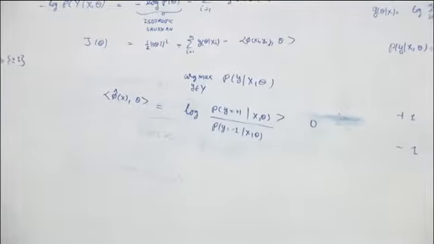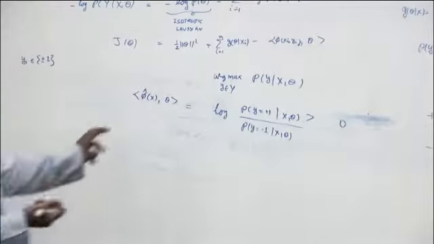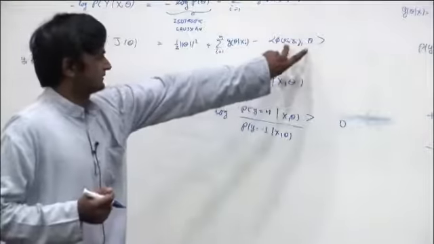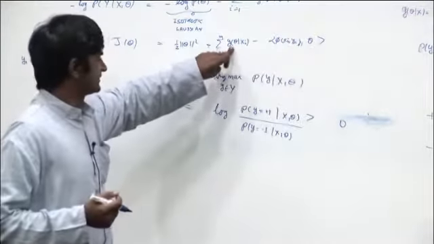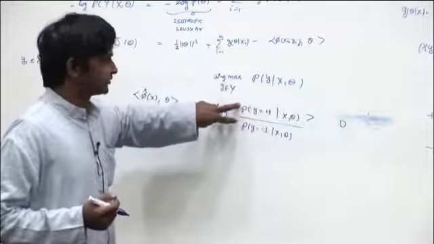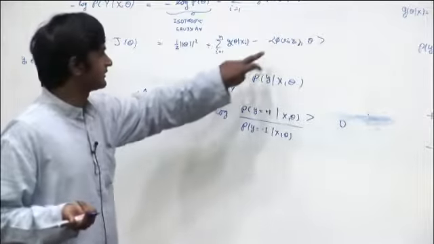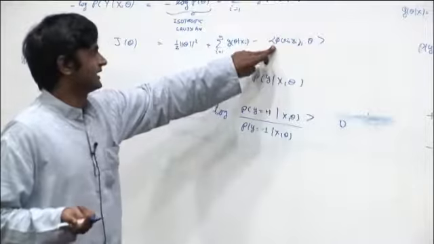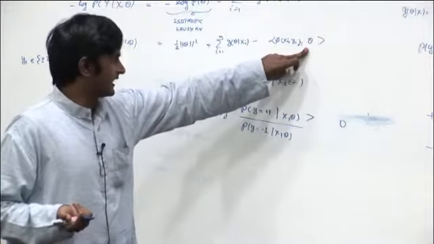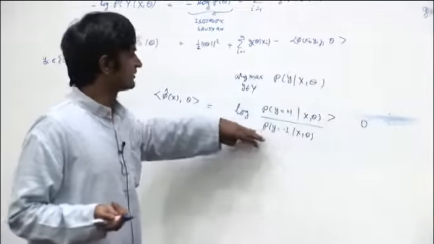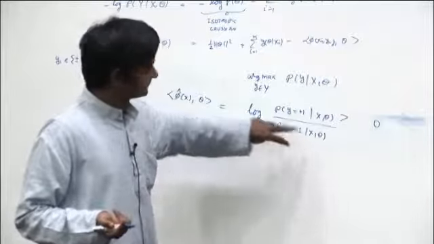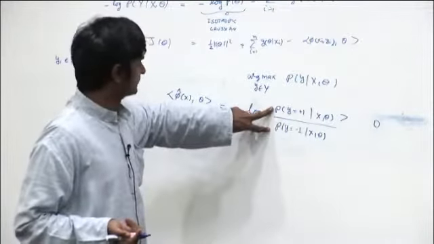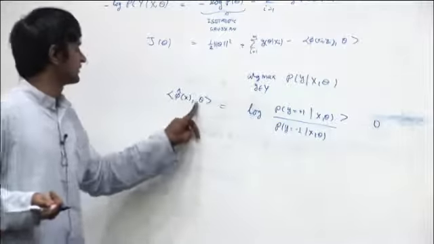This is not very hard to see, because if you think about it, you have phi of x_i y_i times theta minus g of theta, but g of theta is common in both, so g of theta cancels out, and then you're just left with phi of x, y times theta over phi of x, y times theta, both within the exponential, and then you take the log, so you get this.